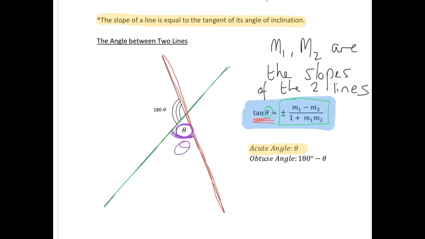So we have to keep that in mind when some questions might ask for us to find both angles. In order to do that, once we find our angle theta using our formula, we can find the obtuse angle by just doing 180 degrees minus our theta.